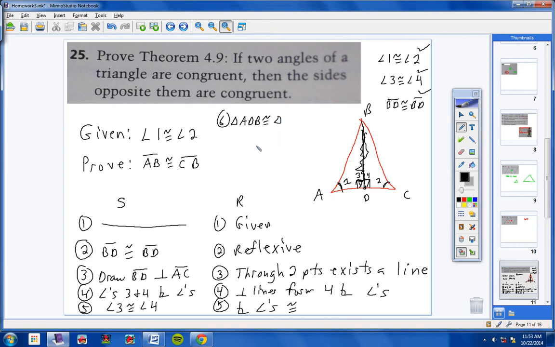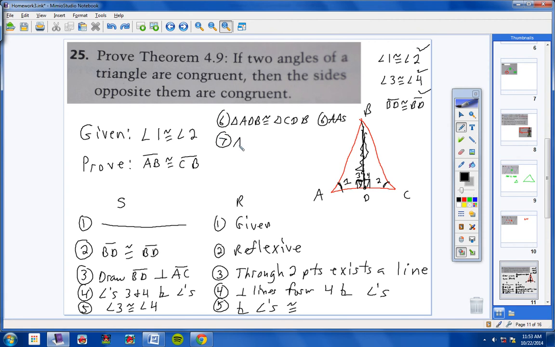Now be sure and write your congruent statement here correctly. Okay, ADB is congruent to triangle CDB, and the reason would be, of course, angle side, like we've talked about. And now that I've stated that, I can definitely state that, look, AB is congruent to CB. There it is.